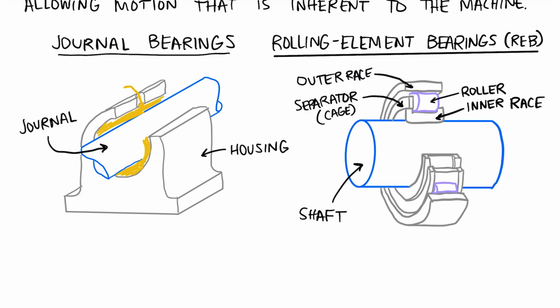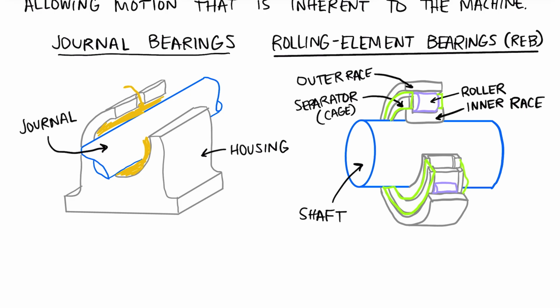And then another thing that is not pictured here yet, but is often included in rolling element bearings, would be a seal. So that might cover this entire area here on the other side too. And this is really just to trap and keep the lubricant inside the housing.